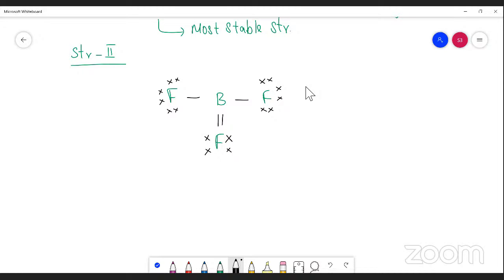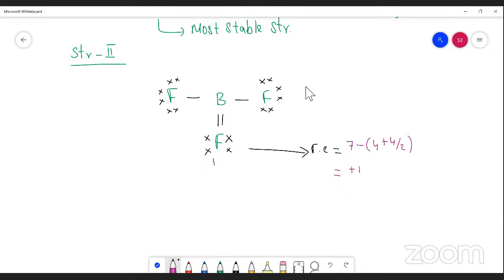While taking the formal charge, suppose we take the formal charge of this fluorine. Formal charge is equal to 7 minus lone pair electrons, 4, plus 4 by 2. So here it is 6, so it is plus 1.